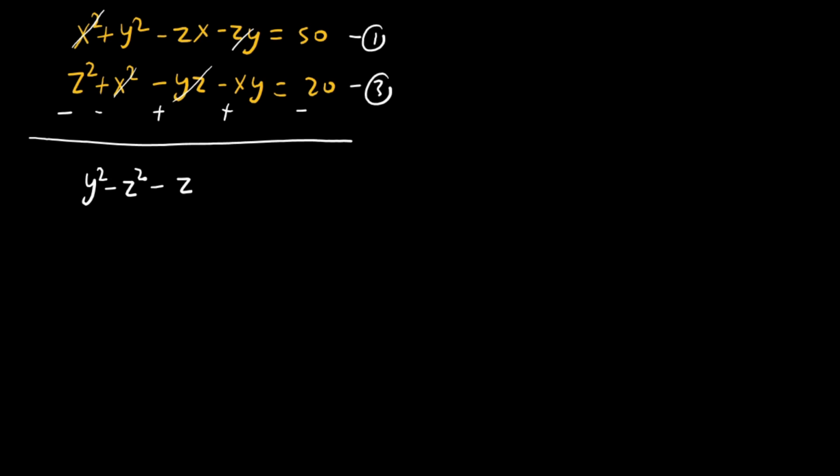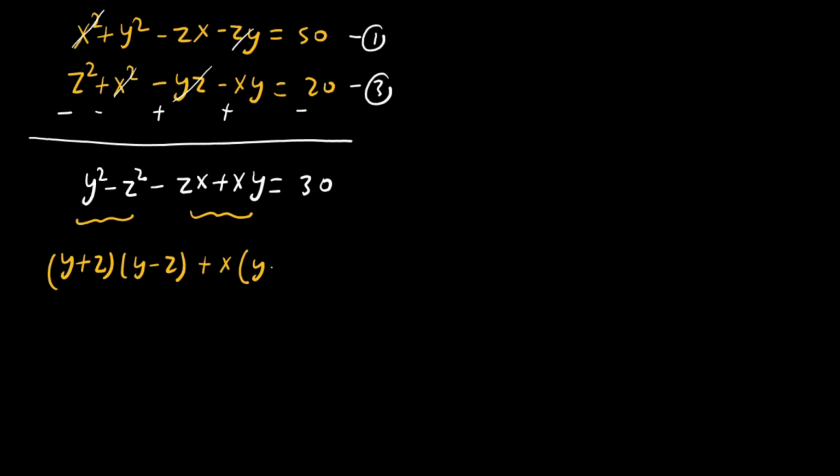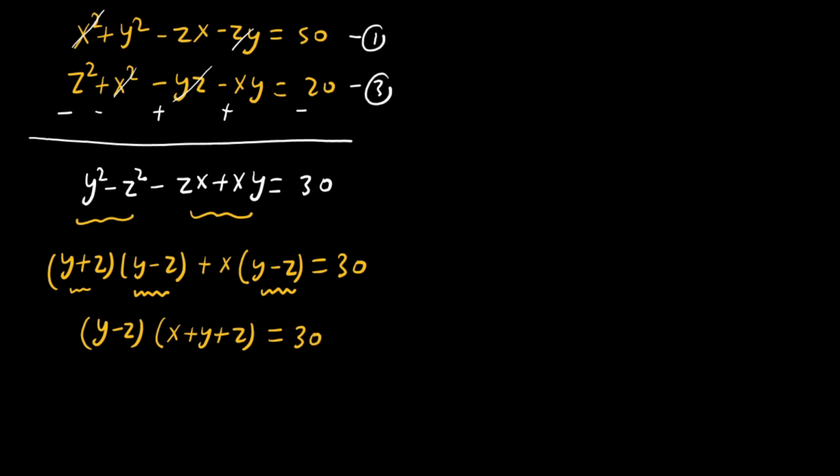Then −zx + xy equals 50 − 20, that is 30. y² − z² is the same as (y + z)(y − z), and taking x common, we get (y − z) times x. Taking y − z common, (y − z)(x + y + z) = 30. Let us consider this equation number 5.